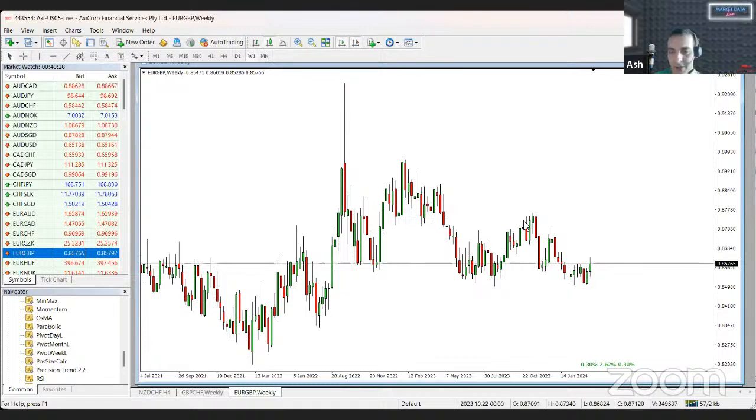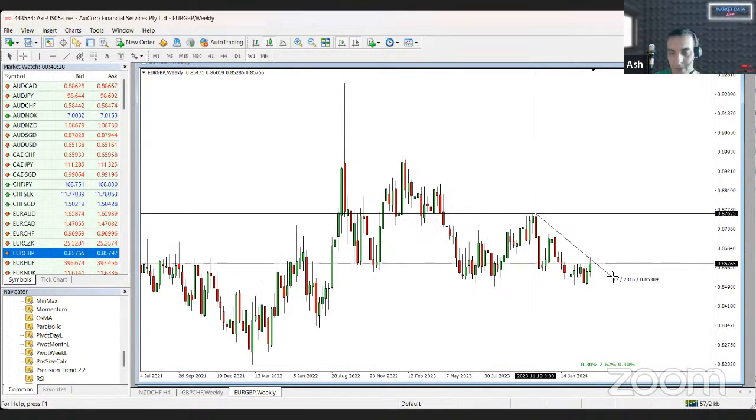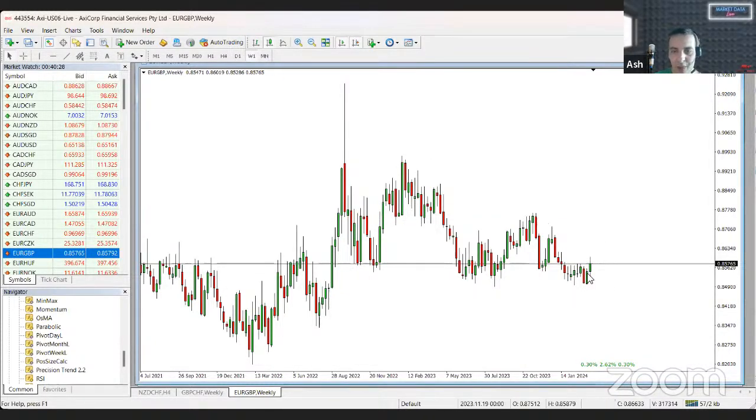Euro pound suggests a sell. Struggling there. My problem with selling the Euro pound is that we seem to be bumping along here, and we have been for a number of months that has gone actually into years.